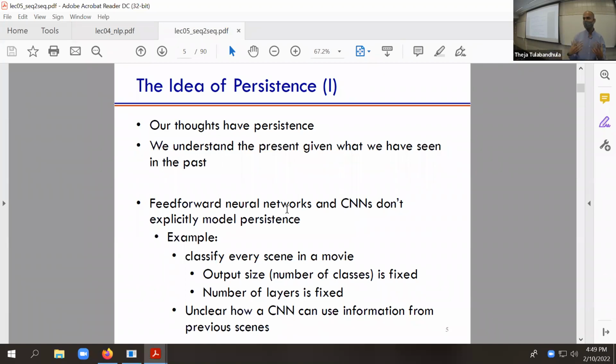But maybe you need that persistence. For example, if you're doing video processing, then you can classify scenes in a movie as scene 1 versus scene 2 versus scene 3. It's unclear, at least in the naive way, how to pass that information to a CNN. It's not complicated, but in the version that we've seen in previous lectures, there's no persistence. And that's what we want to capture.